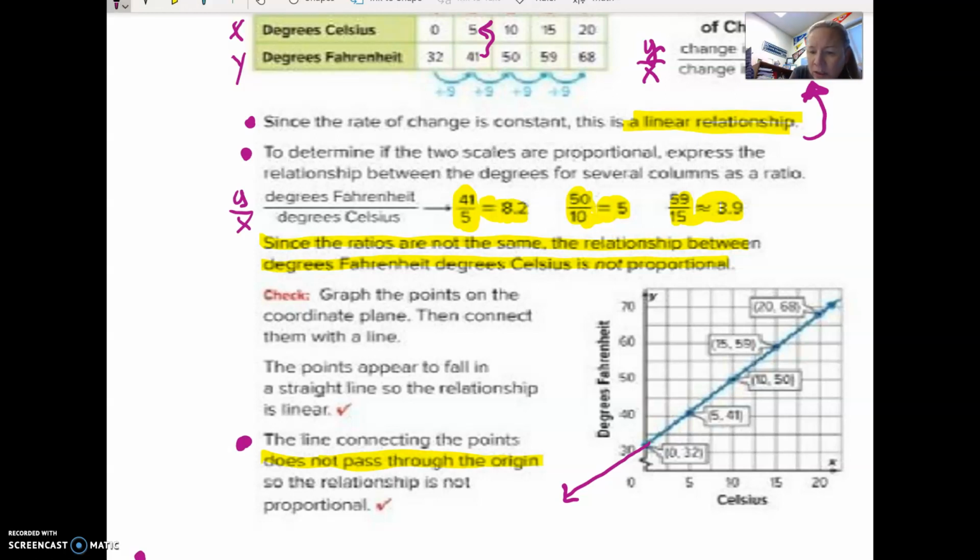Remember, the origin is right here. The origin is considered 0, 0. So this graph does not go through 0, 0. That means that this is not a proportional relationship. So if you have a hard time seeing the proportional relationship in a table, then you could graph the points on a piece of graph paper, and you could see if the graph would go through 0, 0. If it does go through 0, 0, it has to be a proportional relationship. So that's another way to check to make sure that it works.